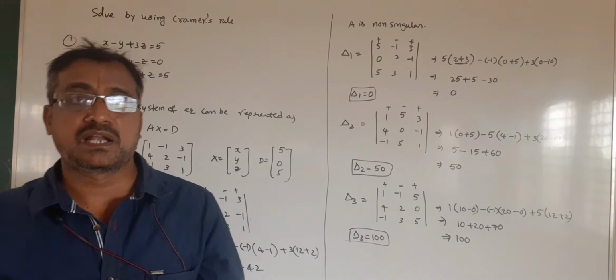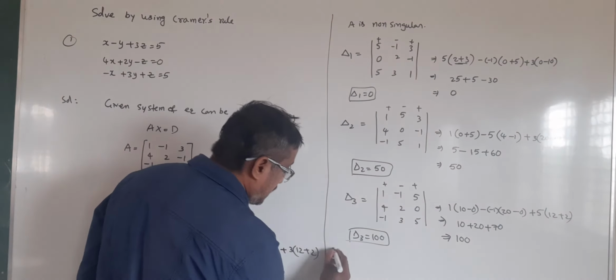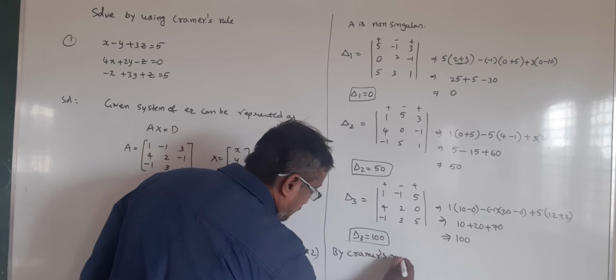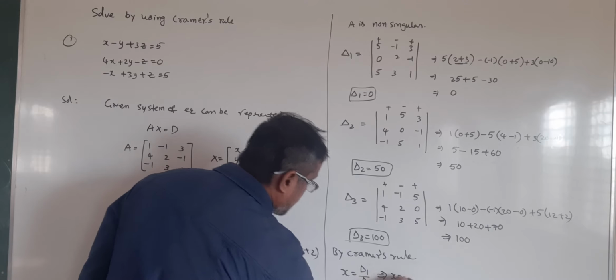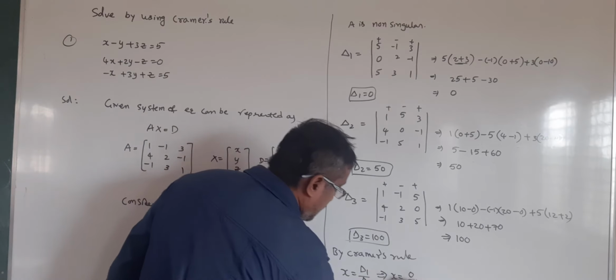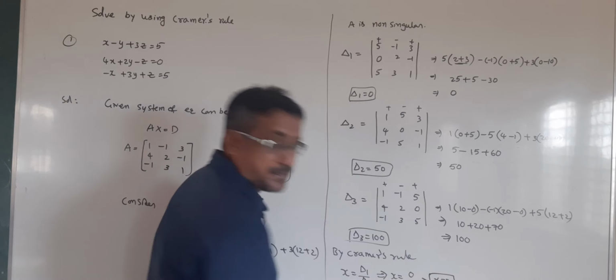Now you have delta, delta 1, delta 2 and delta 3. So by Cramer's rule, x is equal to delta 1 by delta. What is delta 1? 0. So 0 by 50, you will get x is equal to 0.